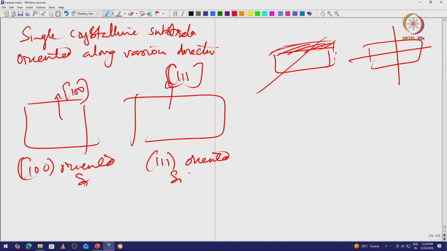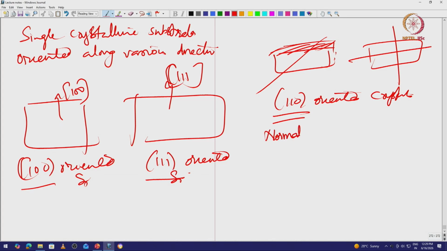I can have 100 oriented, 111 oriented, 110 oriented crystals, which is essentially saying what is the normal to the surface, what people call the plane normal, and that will be the reciprocal lattice vector of 110.